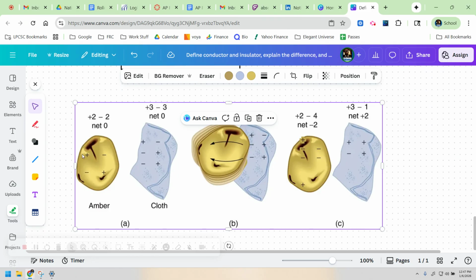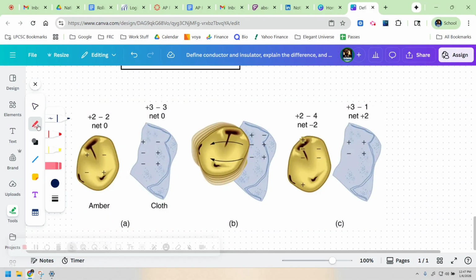Let's just assume it has 2 positive charges and 2 negative charges. So the net charge of this thing is 0. And if you rub that against a cloth that has 3 positive charges and 3 negative charges, that has a net charge of 0. So my net charge here is 0, and my net charge here is 0.